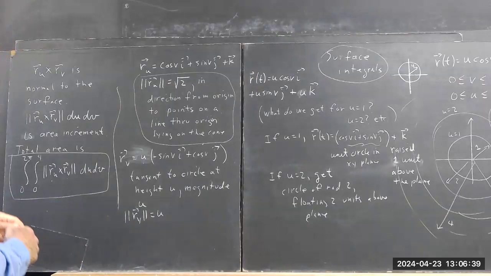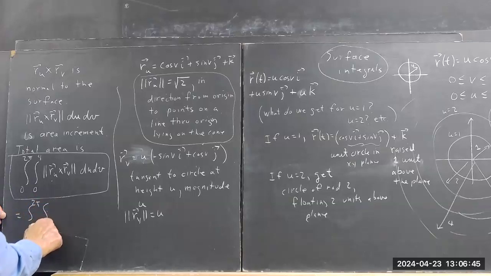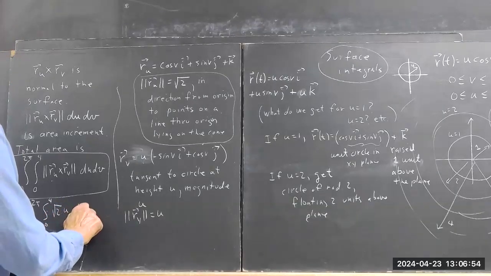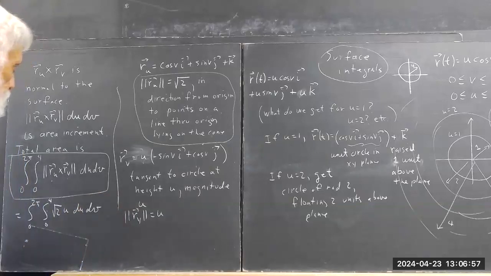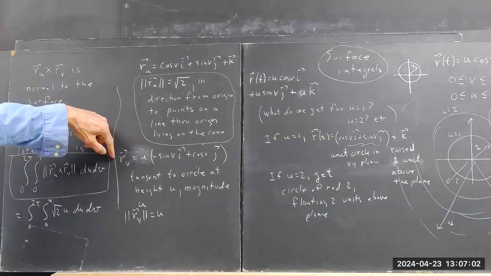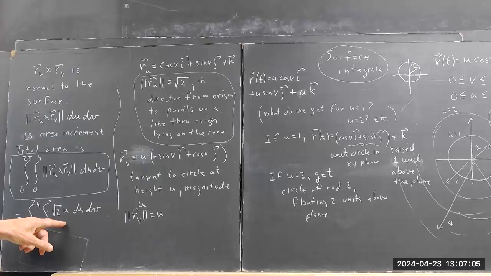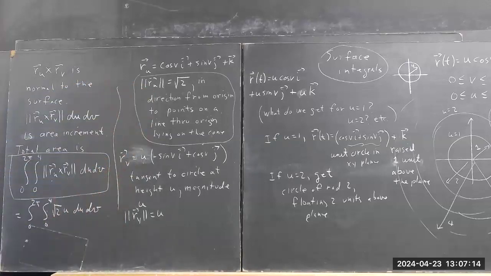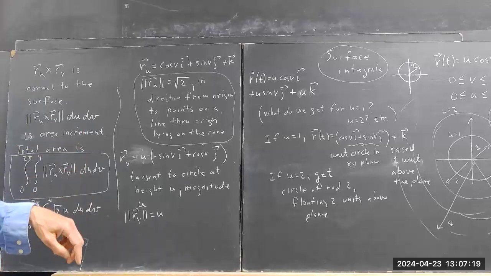Basically, in this case, the magnitude of RU cross RV is just square root of 2 U. Very easy to calculate, but very easy to see if you just understand that RU and RV are perpendicular. In this case, it won't always be, depending on your parameterization and your surface.